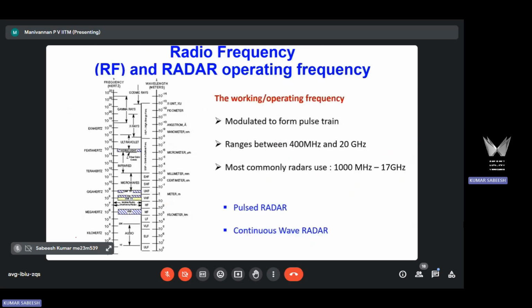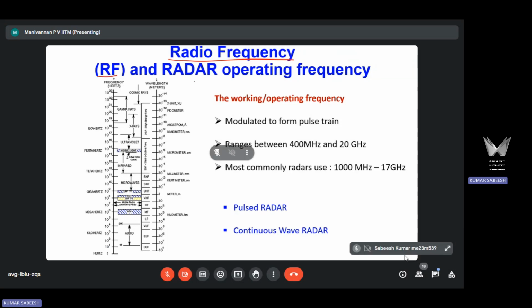Okay. Next, as already told, radar uses radio frequency signals. This is for your knowledge only. Radio frequency, or RF. For various purposes, we use different wavelengths of radio frequency signals.